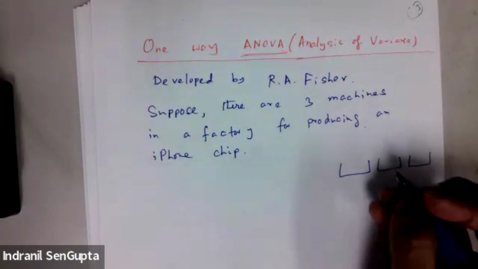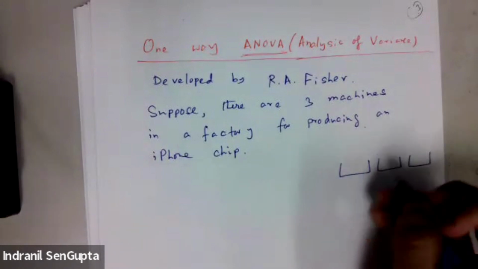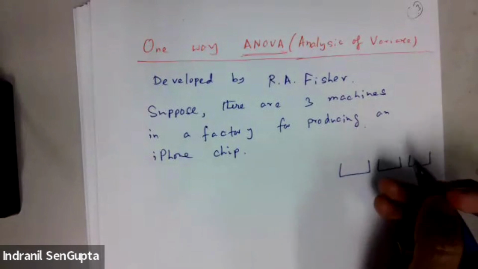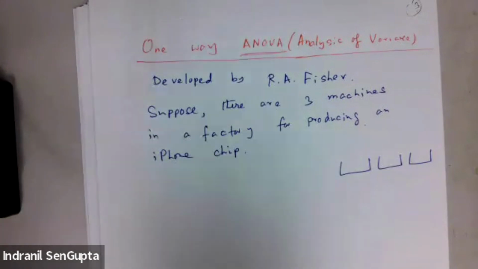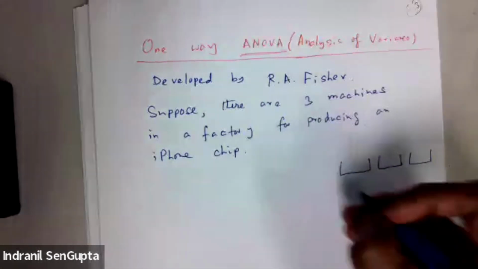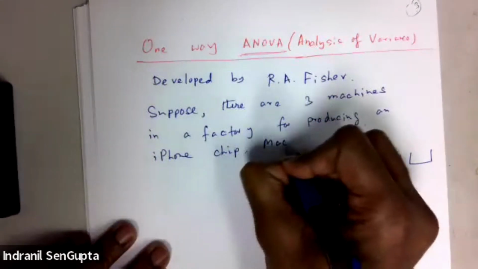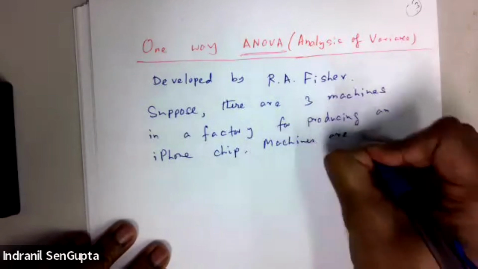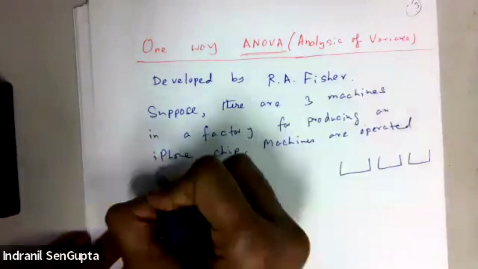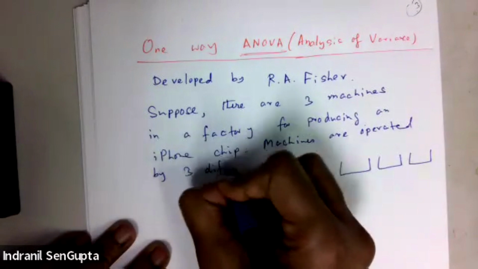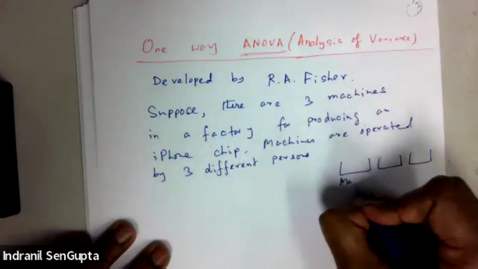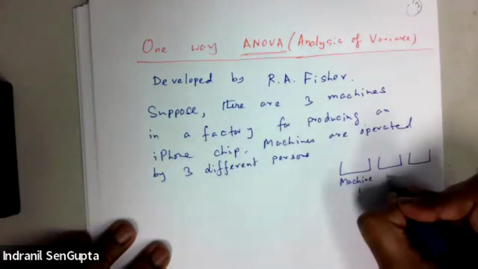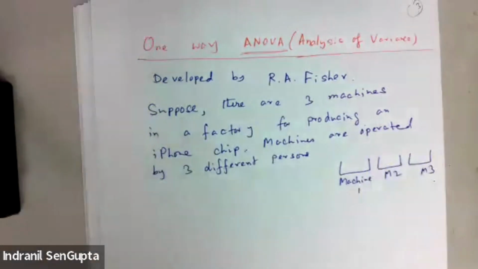These machines are operated by 3 different persons. So this is my machine 1, machine 2, machine 3.